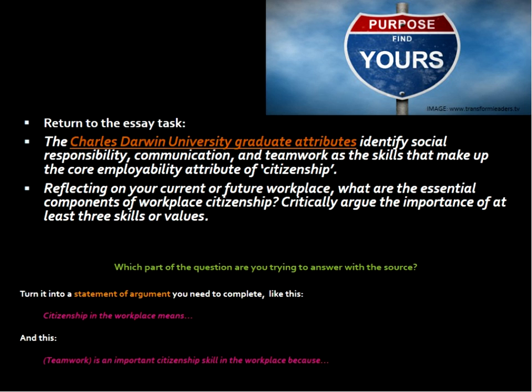So if you're finding lots of different ones, think if you can make a broader term for them to reduce the number of skills that you have, and that's another way of developing your argument. Then you can talk about the sub-skills that they're broken down into in your examples. Any questions about anything on that?